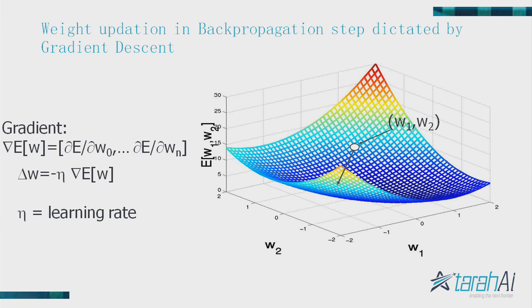That's how you get delta W1, delta W2, delta W3, delta Wn. Each of them you compute, multiply with the learning rate, and then add that delta W to the original W, and that's where you get the updated weights.